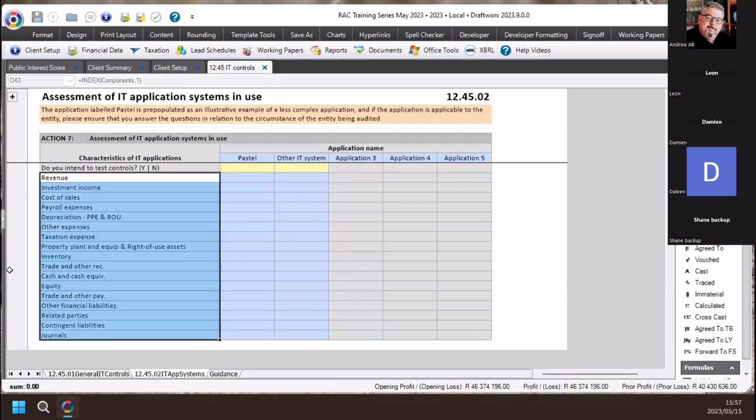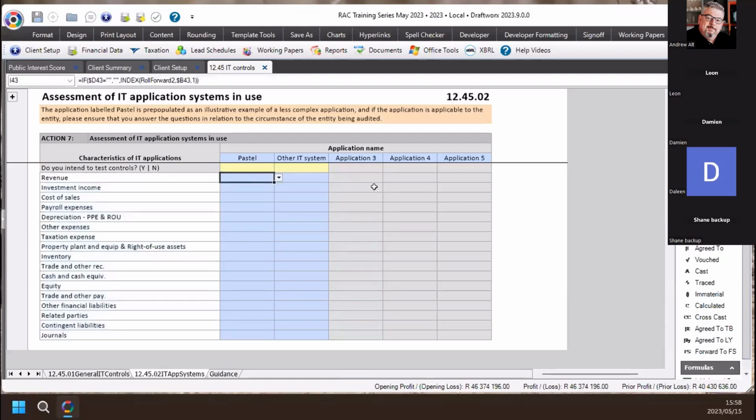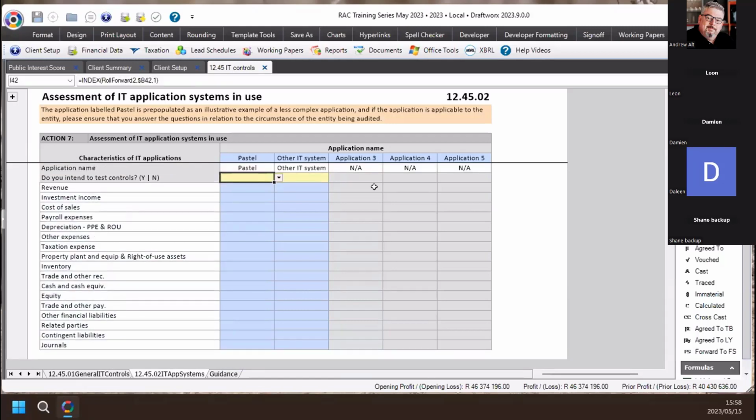These components are populated from document 1210. So if there's items missing here, then it's because it's missing on 12.10 and you need to go and reconsider 12.10. But you now need to go and say, firstly, do you intend to test any controls related to the system? Yes or no? And then what components does it impact?